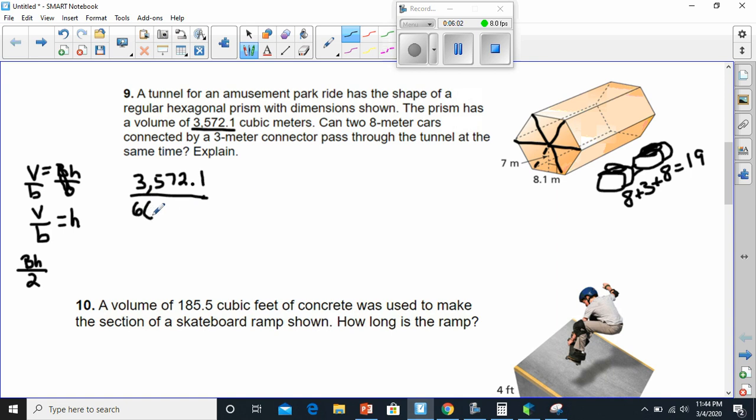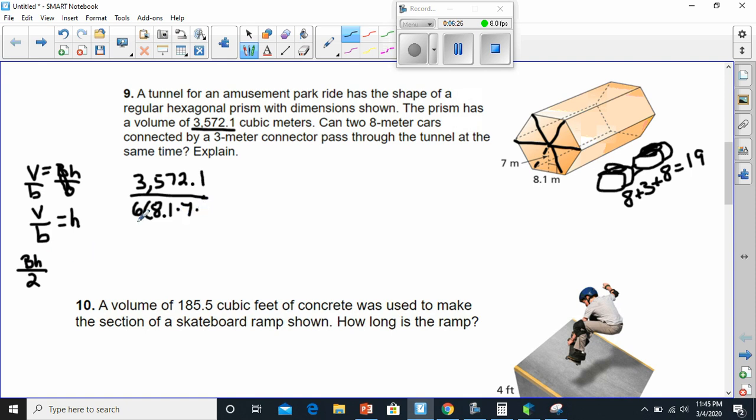So we're going to have to multiply all this times 8.1. And we're going to have to multiply that to 7. That's the height. And then we have to remember to multiply that to 1/2, because it's base times height divided by 2.